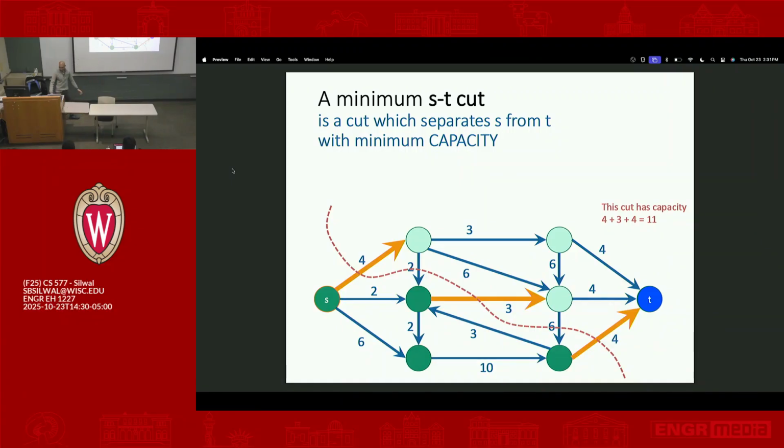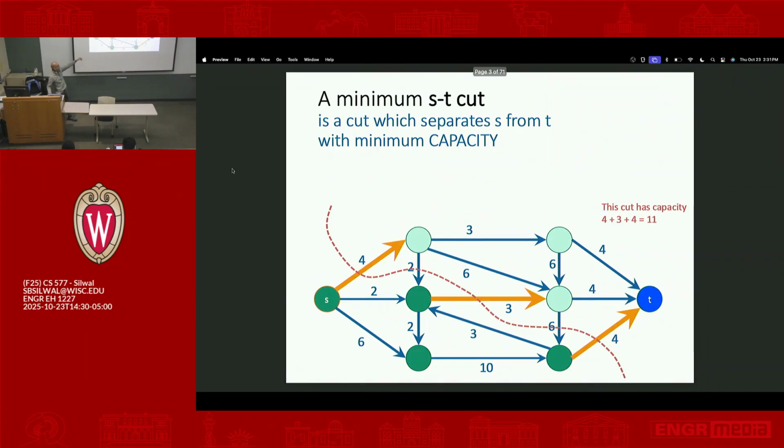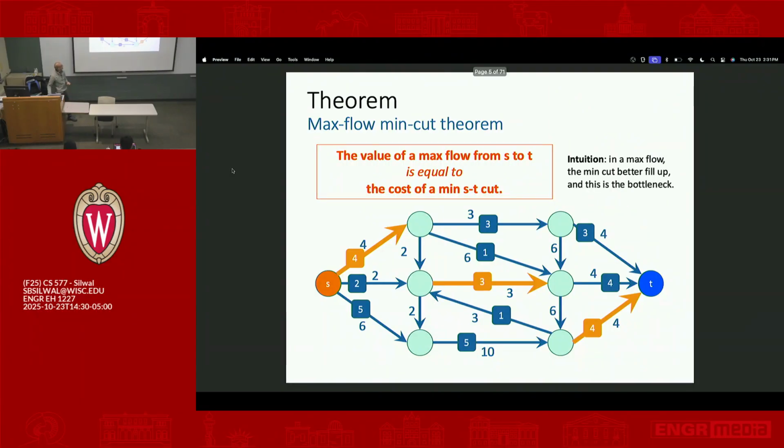But that also turned out to be something called max flow. These things turned out to be the same. And the nice thing was that max flow is equal to min s-t cut. So that's a fundamental theorem.